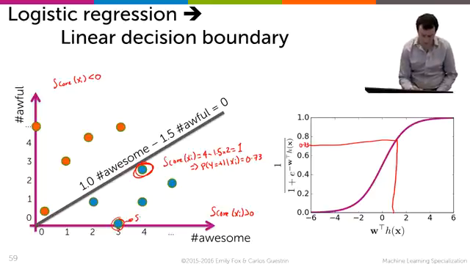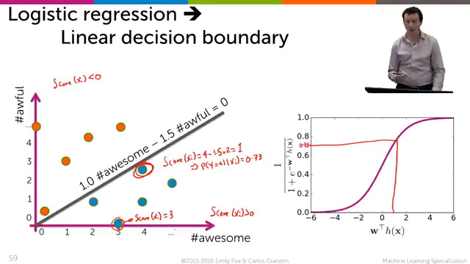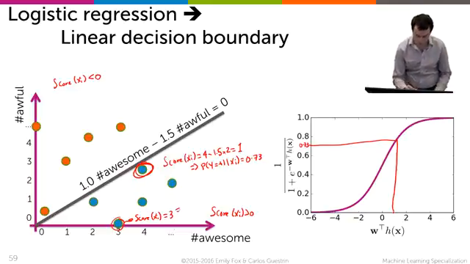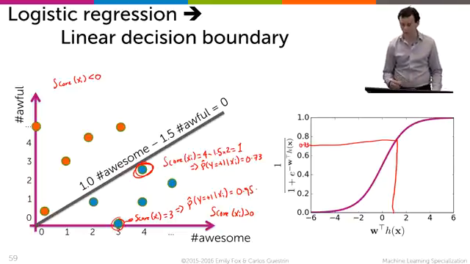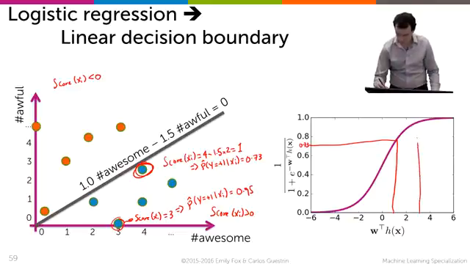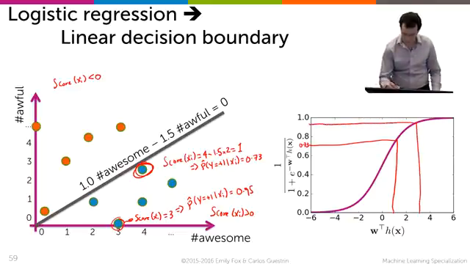In this case, the score of xi is 3. It has 3 awesomes, no awfuls, which implies that our prediction, p hat of y equals plus 1 given xi, is 0.95, which is much larger than the one that was closer to the boundary.